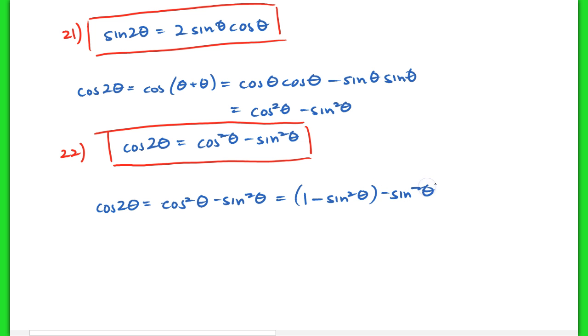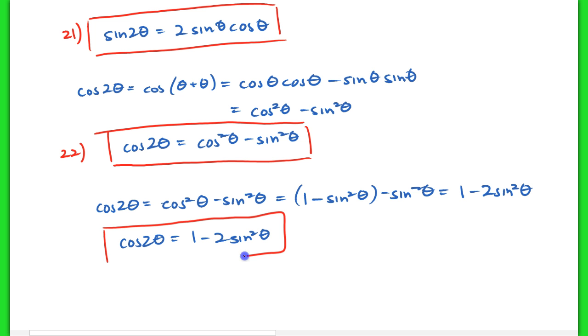So this is equivalent to 1 minus 2 sine squared theta. So this is a new identity. I have the cosine of 2 theta is equal to 1 minus 2 sine squared theta. So this is helpful if we want to get everything in terms of just sine squared. So here is a new equivalent identity, identity 23.